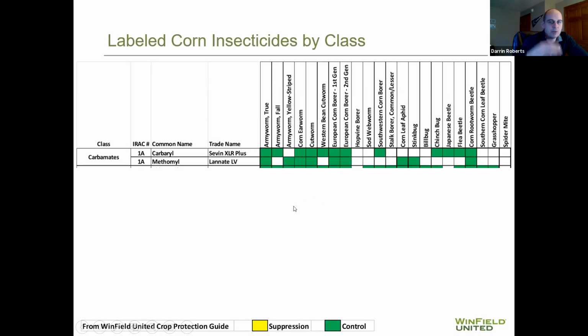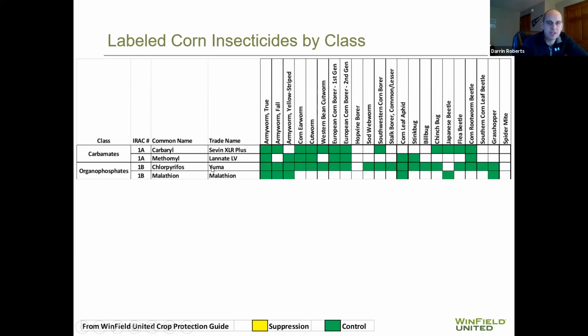Okay, one thing I will mention in the crop protection guide, we do have this reference material there. We didn't really talk about carbamates. They're very similar to organophosphates, but generally they're a little bit slower acting and have less residual than our organophosphates. But this kind of lays it out, you know, everywhere it's green is it's controlling that particular insect.